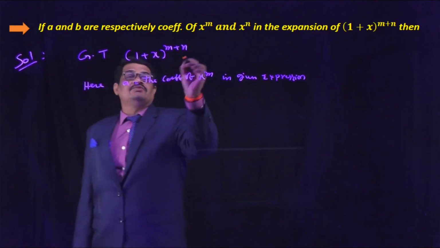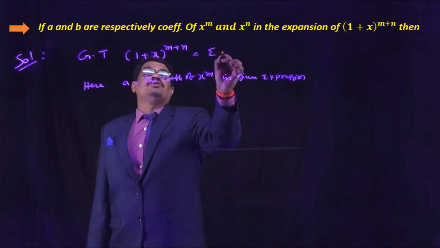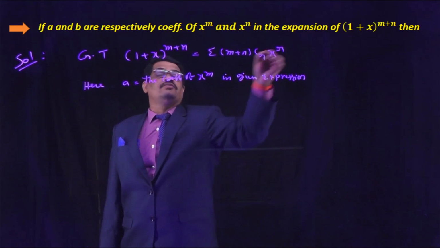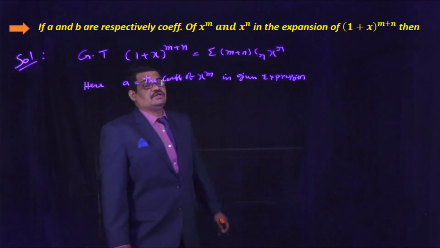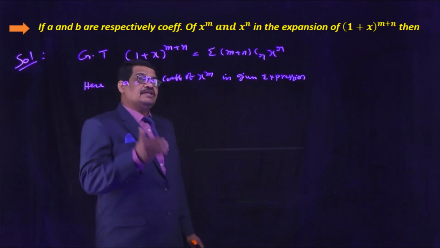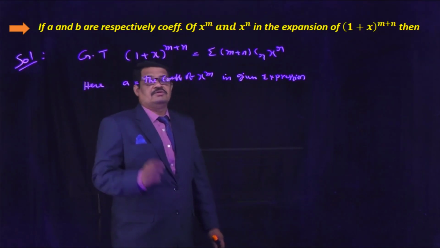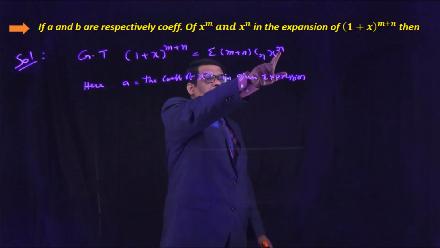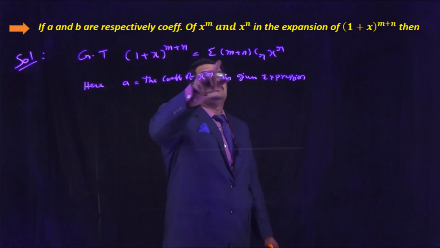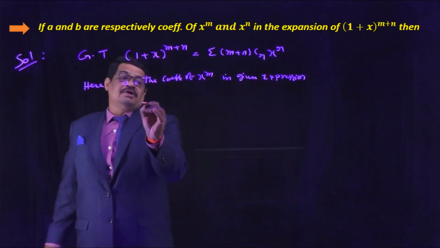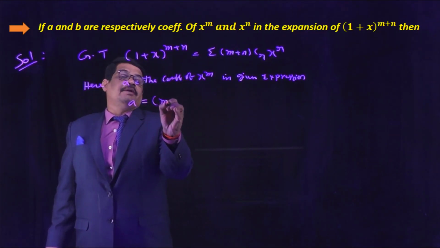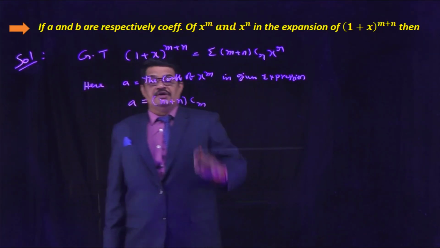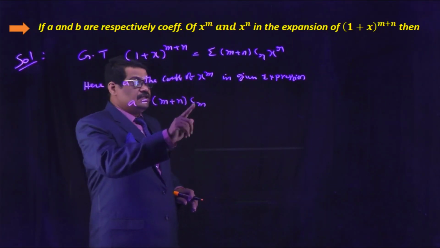In sigma notation, that is the sum of m plus n C r x to the power of r. So here a is the coefficient of x to the power of m. If r is equal to m, then the coefficient of x to the power of m is nothing but m plus n C m. Here a is m plus n C m.